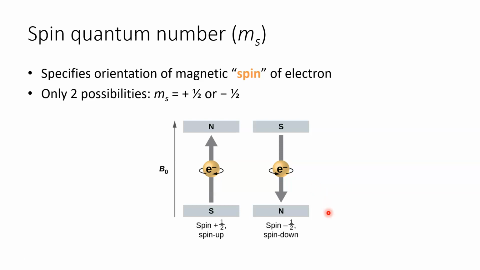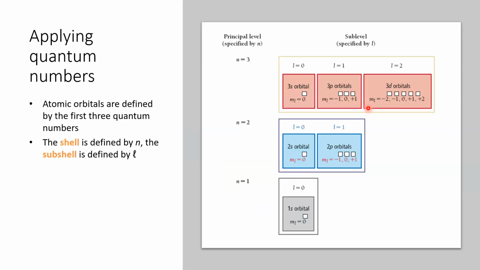And we'll talk more about that in our next unit. But it's only ever going to be plus half, minus half. Those are your two options. You can think about it as spinning clockwise versus counterclockwise, but it's not actually spinning on an axis. It's not like a top, but it's not super important to understand the spin. Again, you just need to know this here.